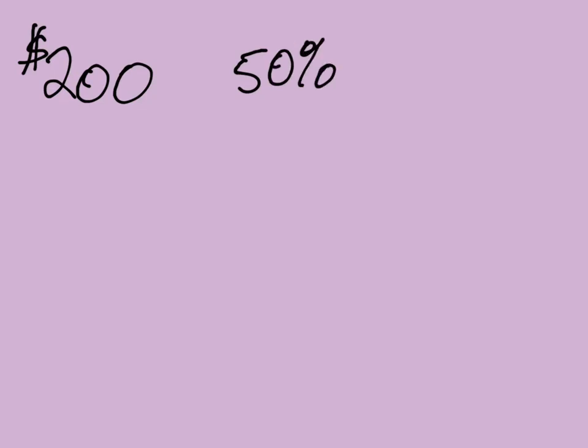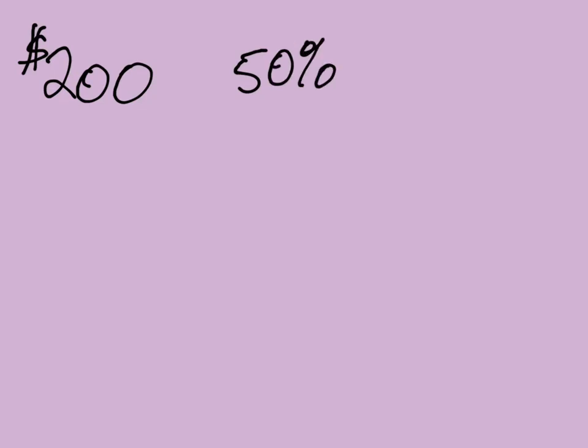Because let's say you go to the Super Bargain Warehouse, and the Super Bargain Warehouse has a $200 item. And they say you're going to get 50% off.